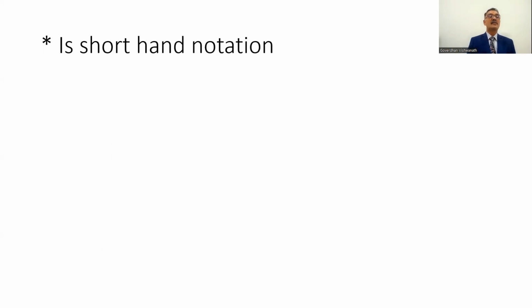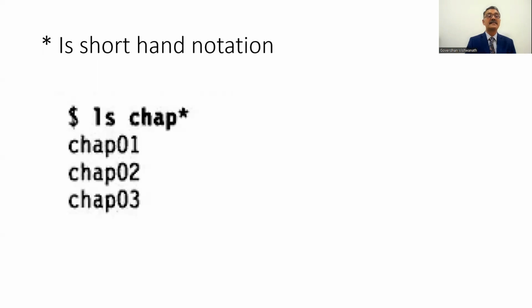Now, I'm using star here. Star is a shorthand notation. This is one of the symbols used along with a command. Along with the ls command, I'll use star. So ls chap star means list those files which start with CHAP followed by any possible combination of alphanumeric characters.